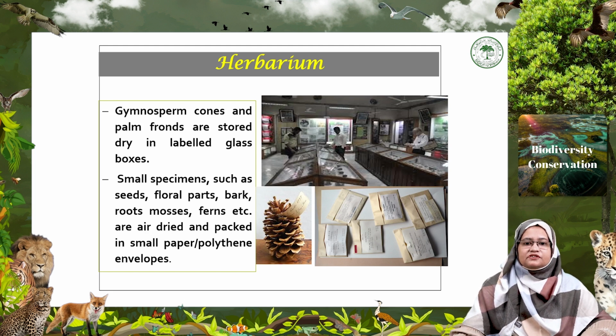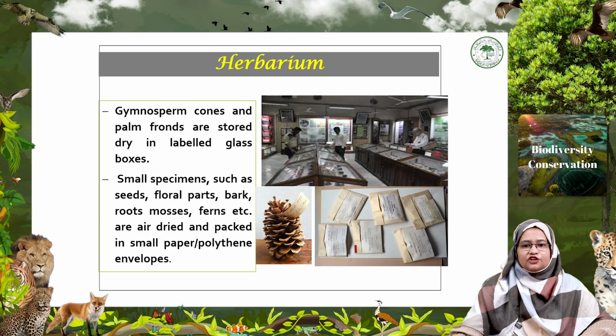And small specimens like seeds or mosses are packed in envelopes. As you can see here, these are the envelopes containing specimens like lichens, mosses, roots and barks. This type of plant material is stored in this kind of envelope.